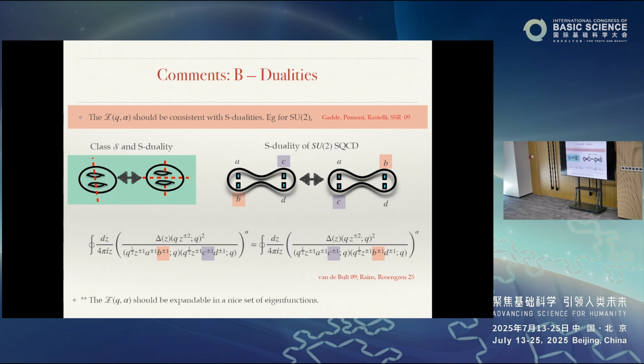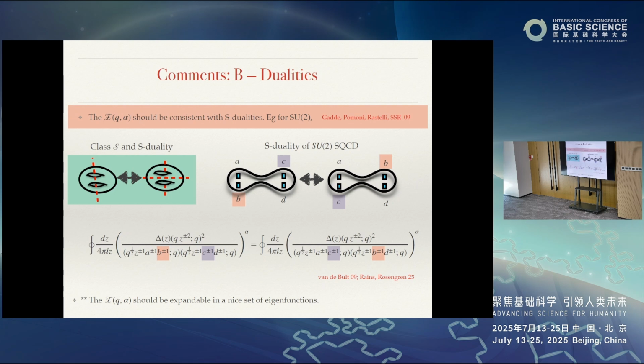Another claim I want to make, which is rather trivial, is that this partition function has to be consistent with S-dualities, something that didn't play a role in what I was discussing until now. For example, this SU(2) SQCD in this class S construction, when constructed as a compactification of the 2,0 theory on a sphere, corresponds to a sphere with 4 punctures.